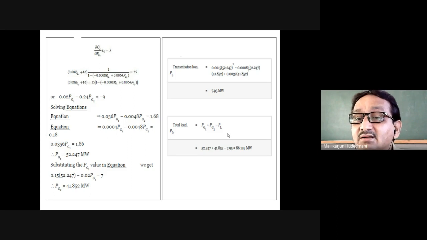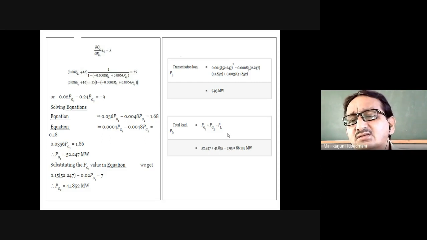That is what is being done. So when I do it, 86.149 megawatt is the load. To meet that load, there occurred a loss of 7.95 megawatt, which led the generators to generate 52.247 megawatt from generator 1 and 41.852 megawatt from generator 2.